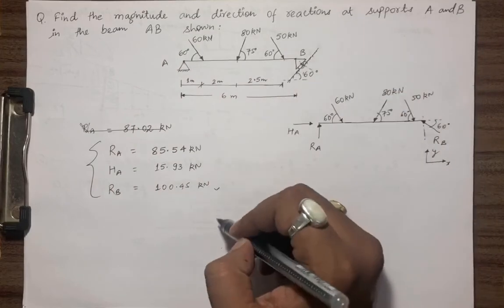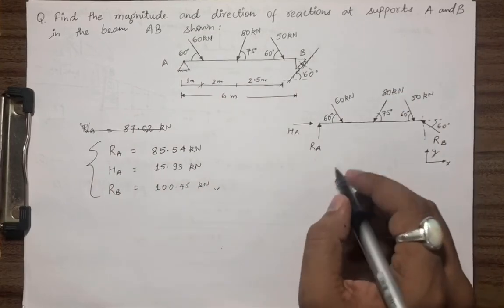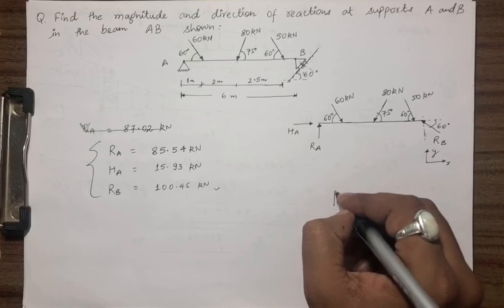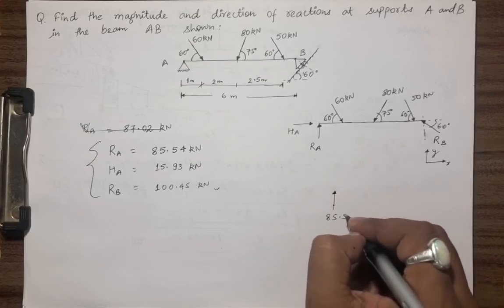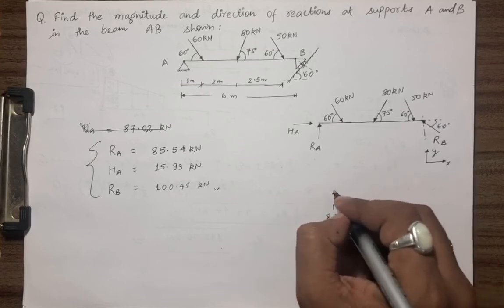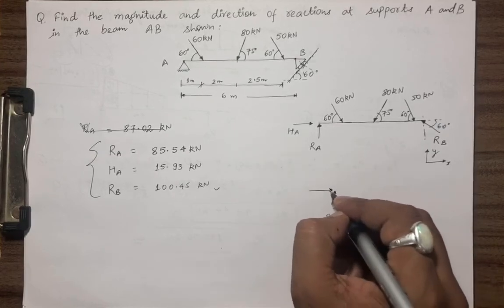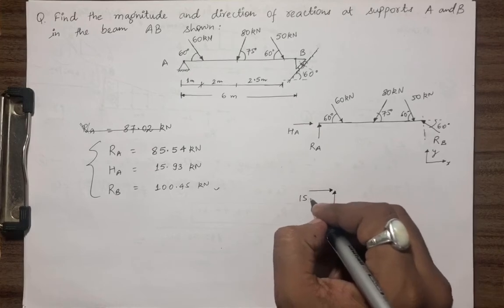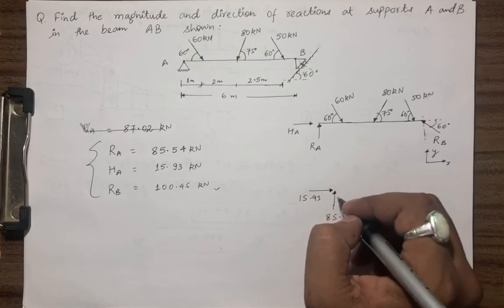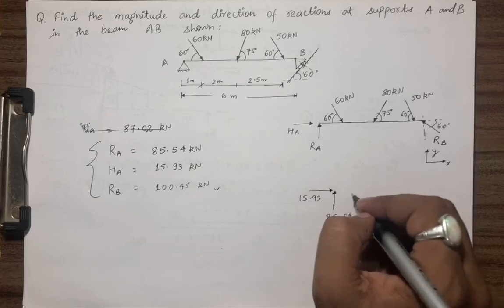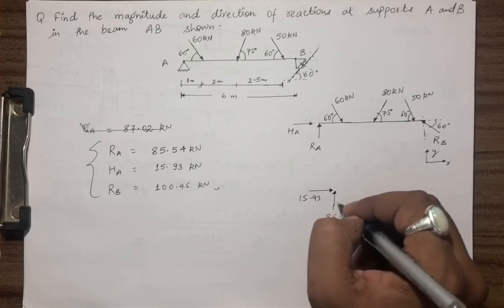So at B only one reaction is there, but at point A the resultant will be 85.54 here and 15.93 here. So the reaction will be something like this.